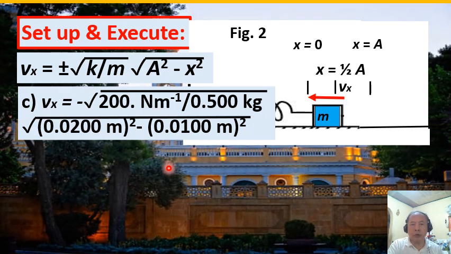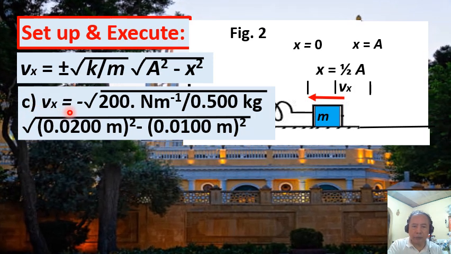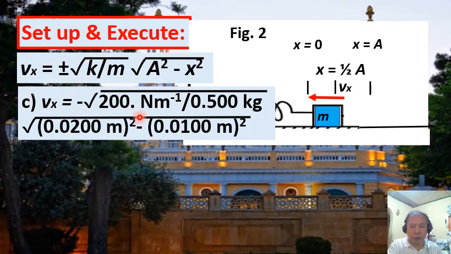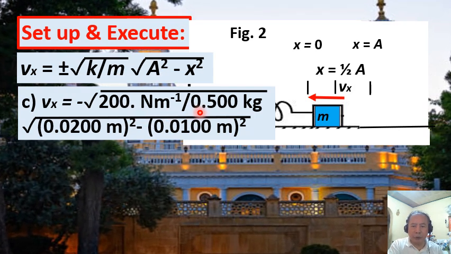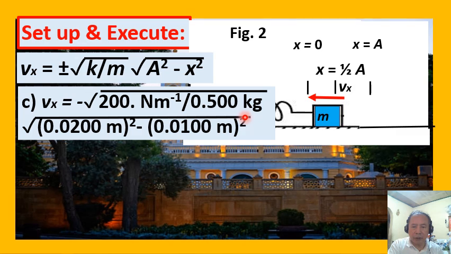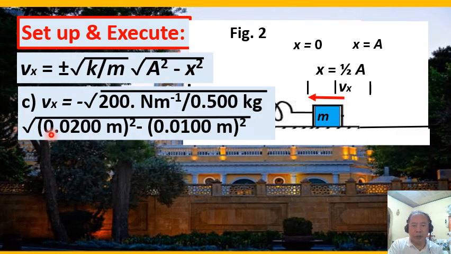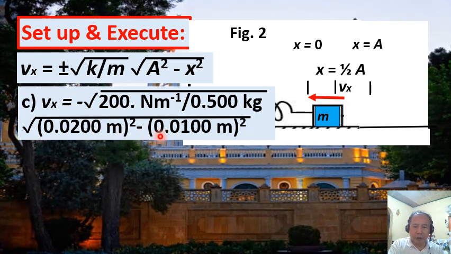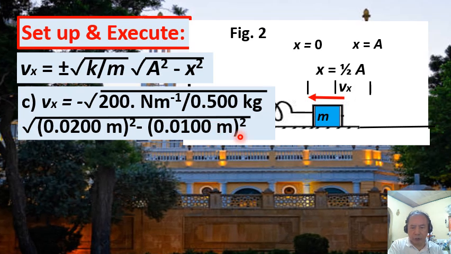So, substituting the given quantities, we have Vx equals negative square root of 200 point Newton per meter divided by 0.500 kilogram, right? And that will be multiplied by the square root of 0.0200 meter squared, minus 0.0100 meter also squared.